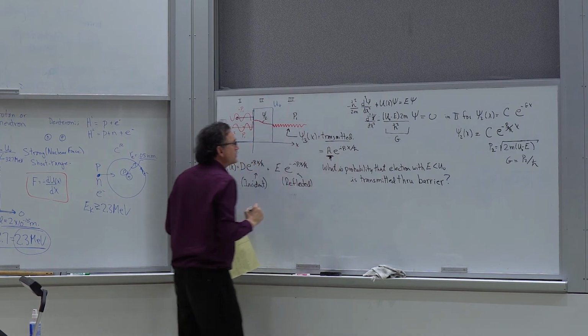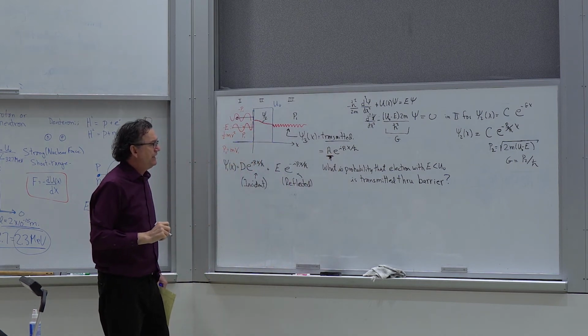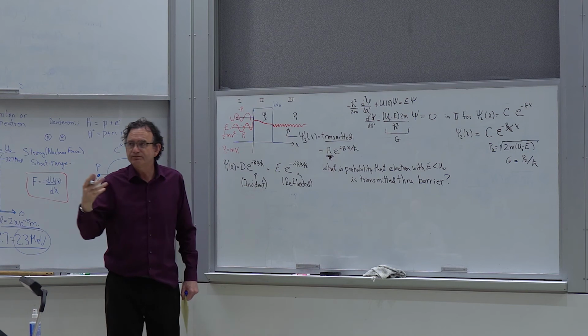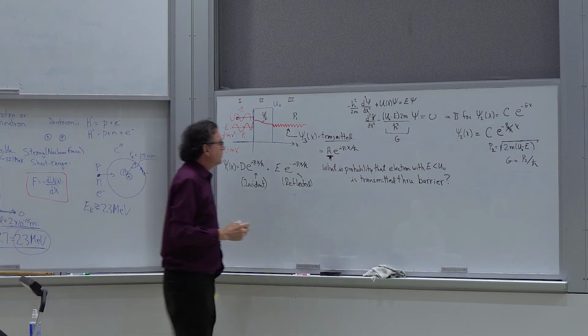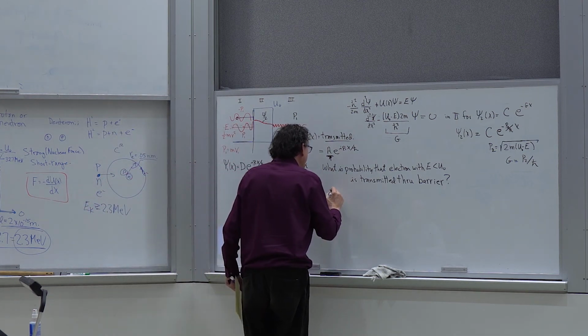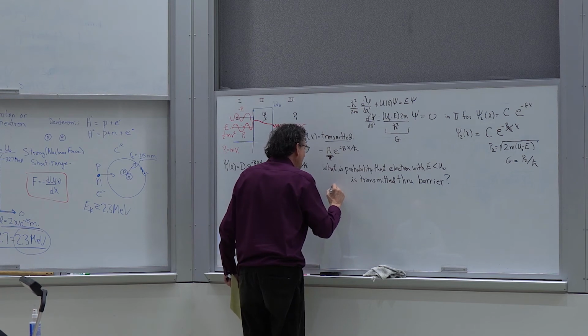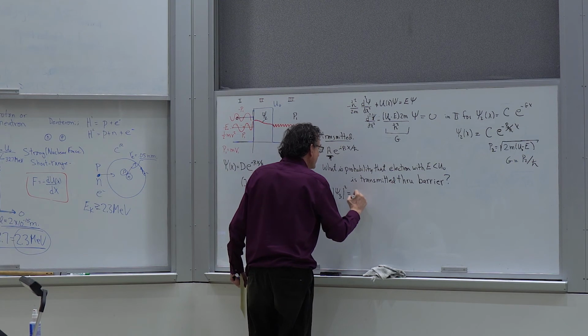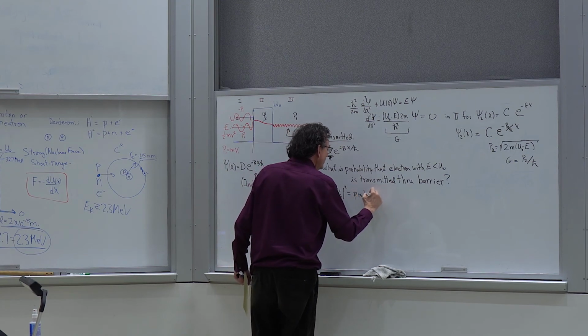Right? So how do we calculate this probability from the point of view of the quantum system? Well, for the quantum system, we'd say that the probability that it makes it through is equal to psi 3 squared. Psi 3 squared is equal to the probability of transmission.